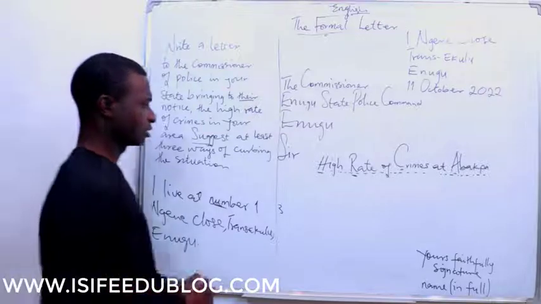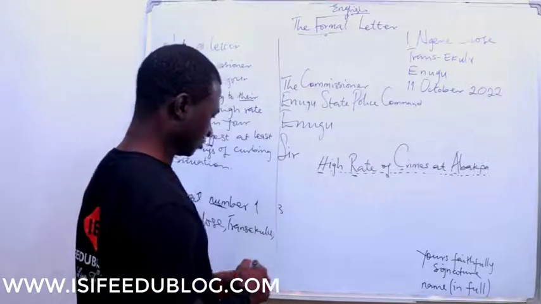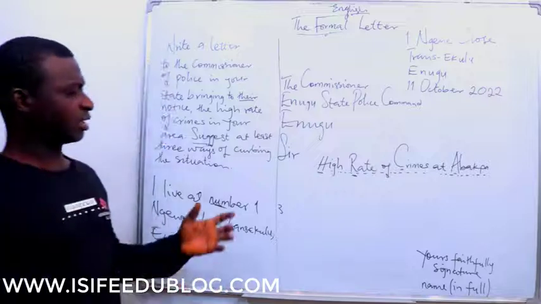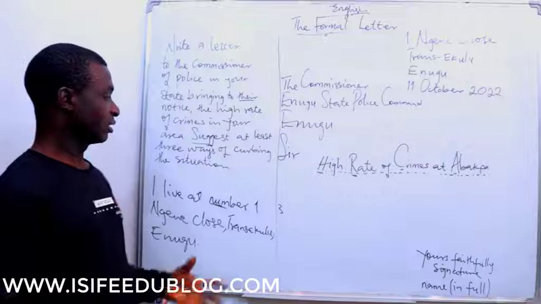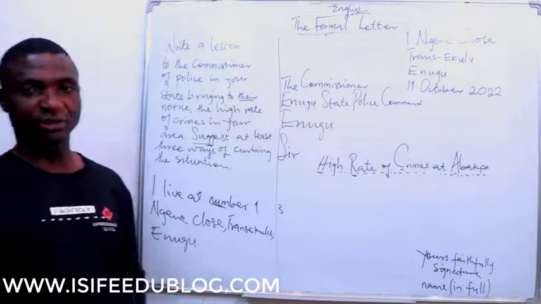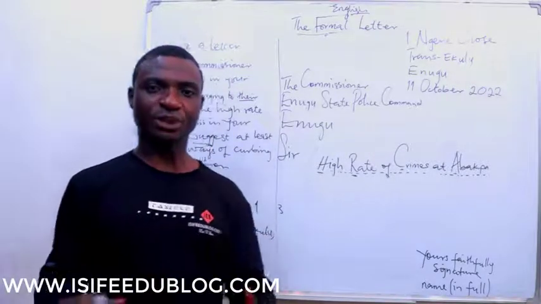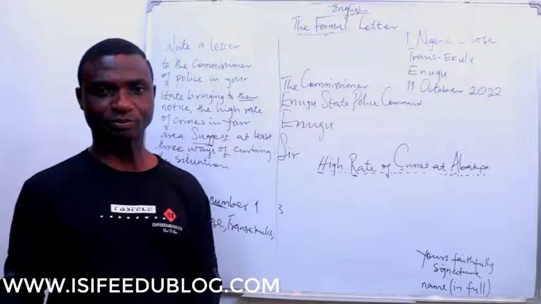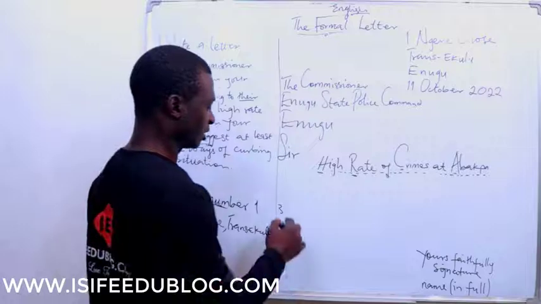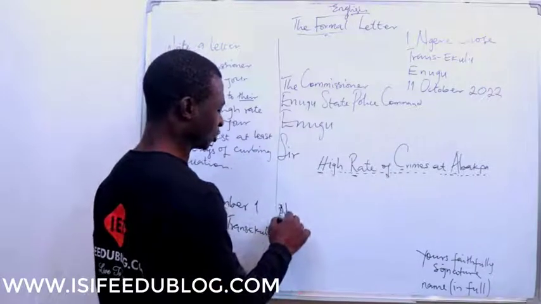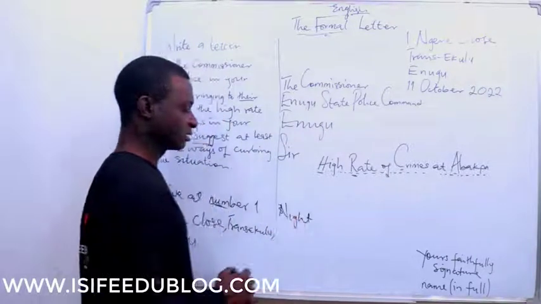So you say, below are some of the ways I think that criminality could be checked at Abakpa. You could suggest night patrols if much of these incidents occur at night.